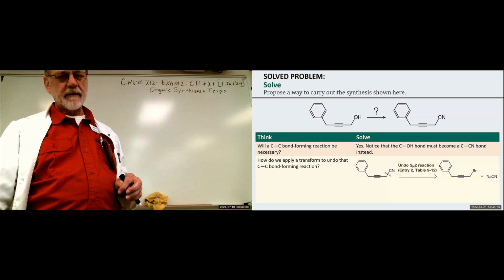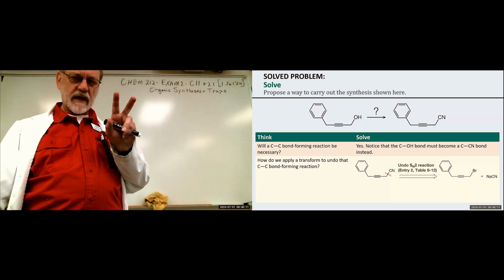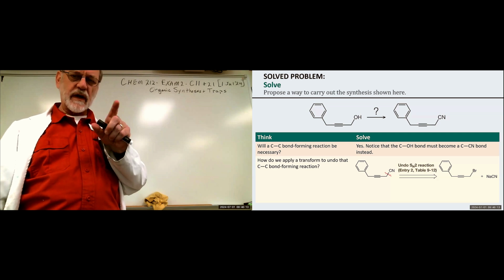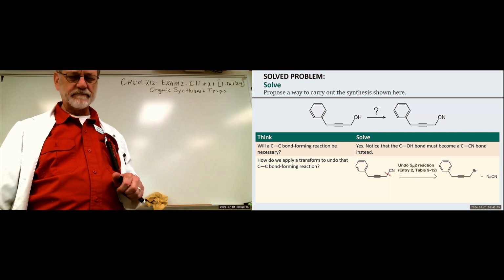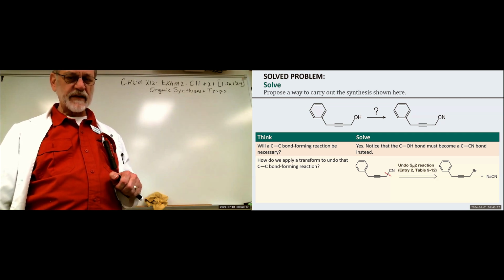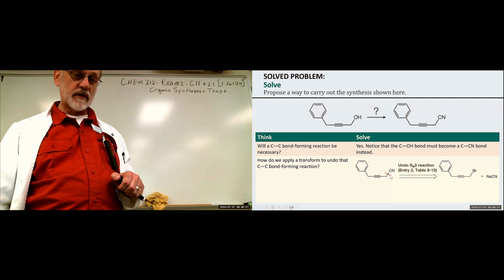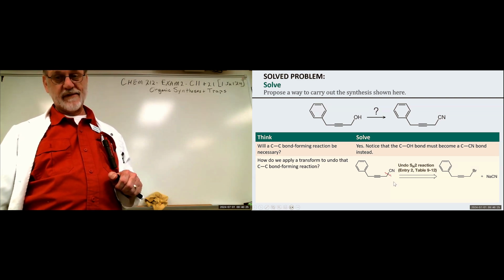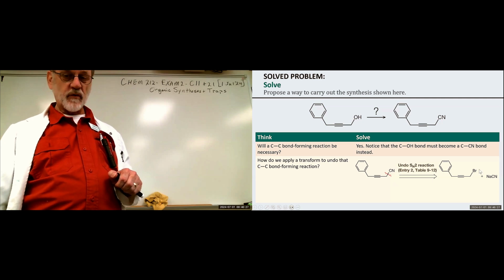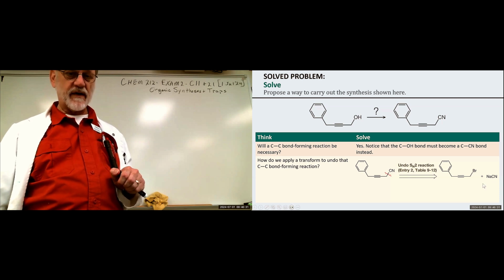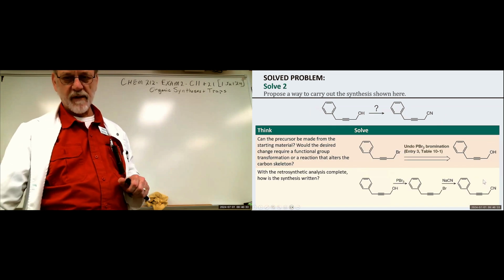Yes. So the hydroxyl bond must become a cyanide bond. Can we do an SN2 reaction that will reverse that bond breakage? Well, if we start with a brominated and we hit it with cyanide ion, let's see.